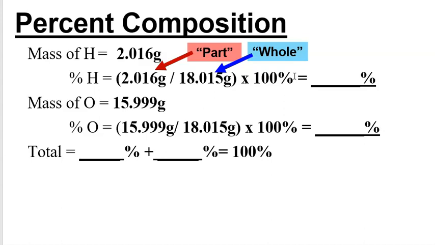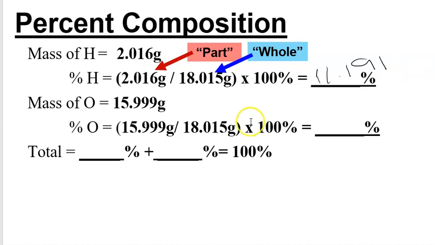So that's going to give me 11.191. And I rounded this a little because this is a very long number, so I rounded that 0 up to a 1.